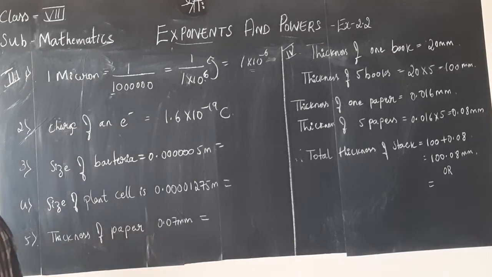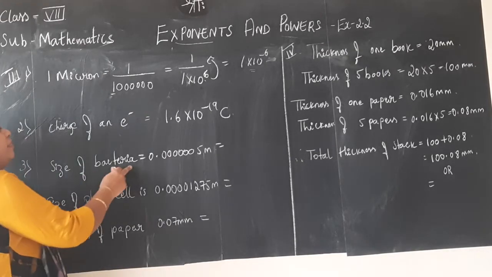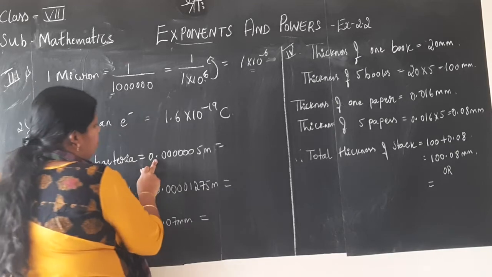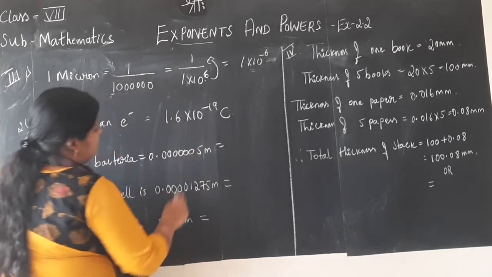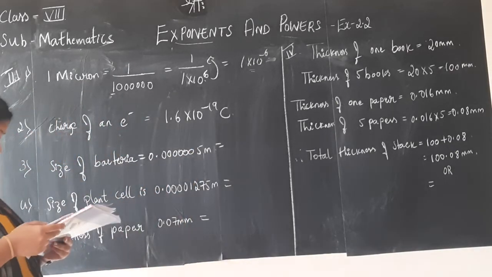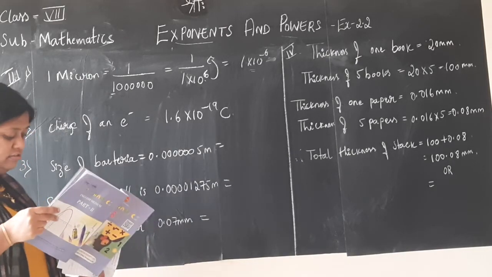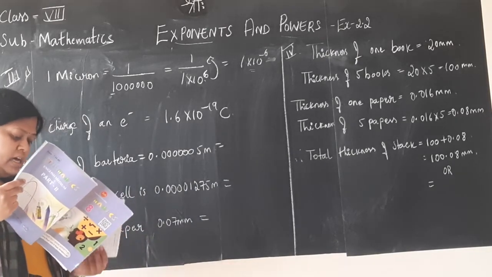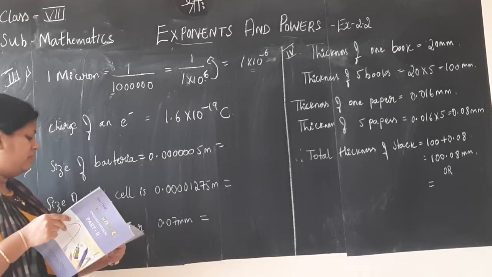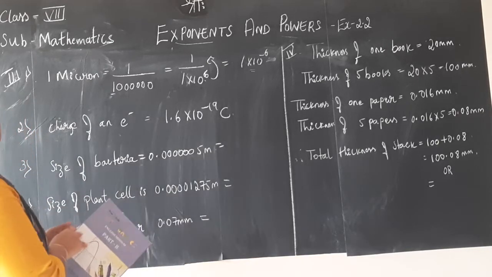Write it carefully. Next, the size of bacteria is 0.00005 meter. How do you express it, children?